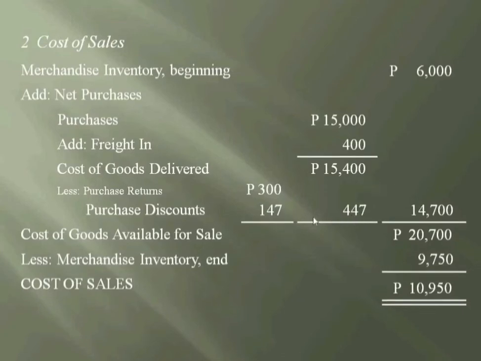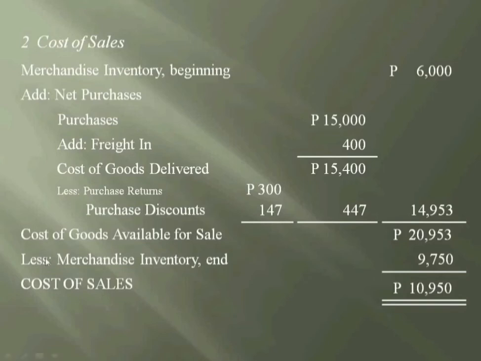This amount now, minus the cost of goods delivered of 15,400, would give us net purchases of 14,953. Add this amount of net purchases to this merchandise inventory at the beginning equals cost of goods available for sale amounting to 20,953.